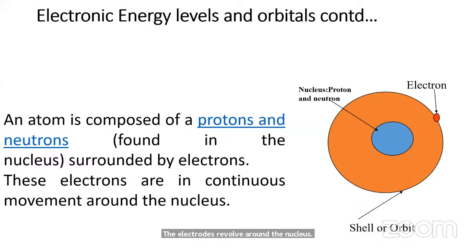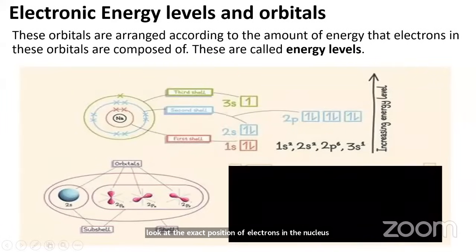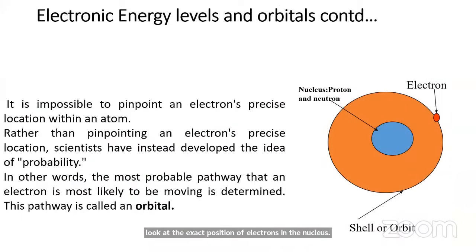And so because of the movement of electrons around the nucleus, it's usually not easy for us to locate the exact position of electrons. It's usually not possible to locate the precise position of an electron within an atom.